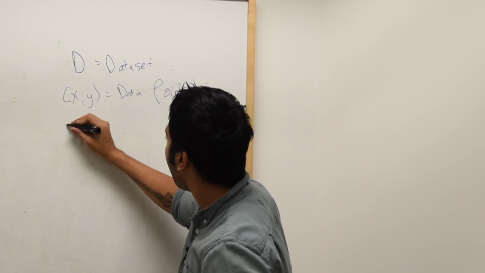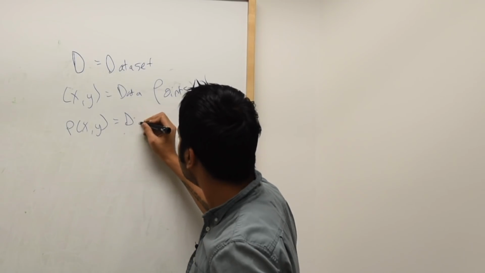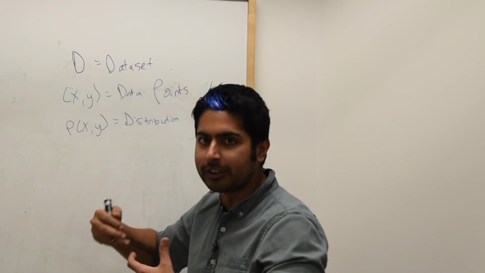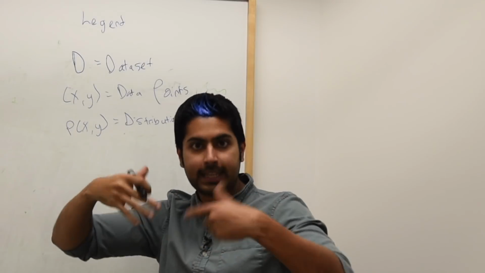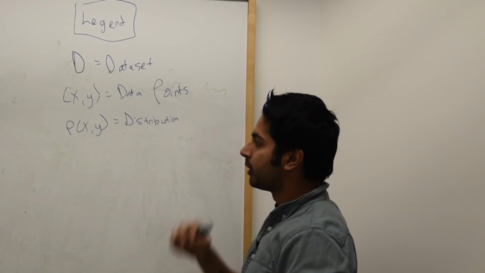So we'll say probability of XY is our distribution. This is kind of a variable legend for us, a legend of what all of these variables mean, because throughout the paper you're going to see these a lot. So we'll just have this legend up here.